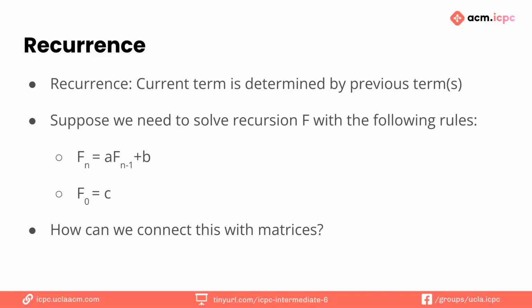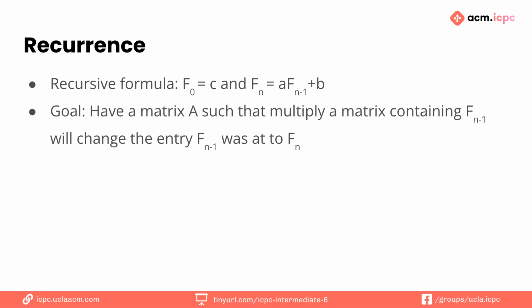And suppose we have such a recurrence relationship, and we need to solve Fn. How can we connect this with matrices? So for this recurrence formula, if we want to do matrix exponentiation to it, then we want to obtain a matrix A such that multiplying matrix A to some matrix that contains Fn-1 is equivalent to doing one recurrence to Fn-1.